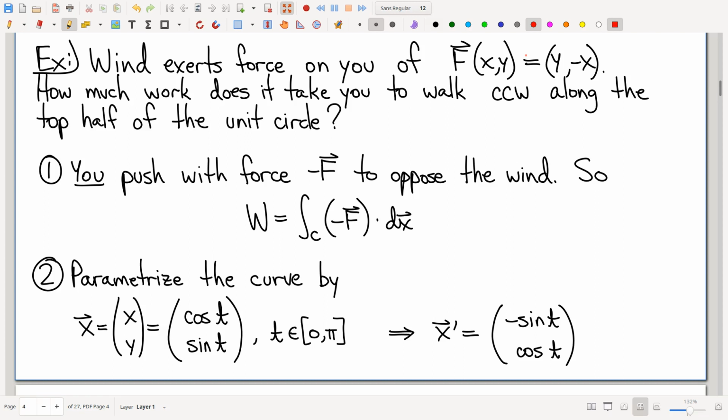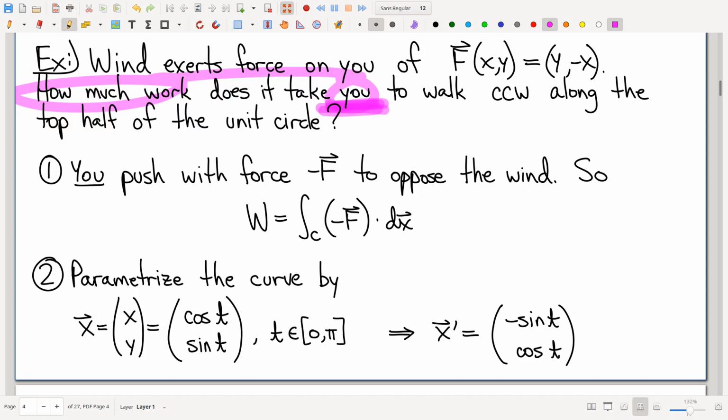So which of the two forces is the right one depends on how the question's phrased and what the question is asking. The question is asking, how much work do you exert? If you want to know how much work you exert, you need to know how much force you are pushing with. And you are pushing against the wind.